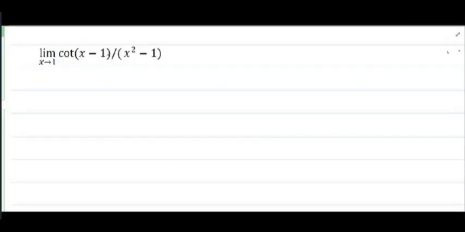Here is another example, the limit of cotangent x minus 1 over x squared minus 1 when x approaching 1. To solve this problem, if I substitute 1, I will get the cotangent of 0. In 0, the cotangent is equal to infinity.